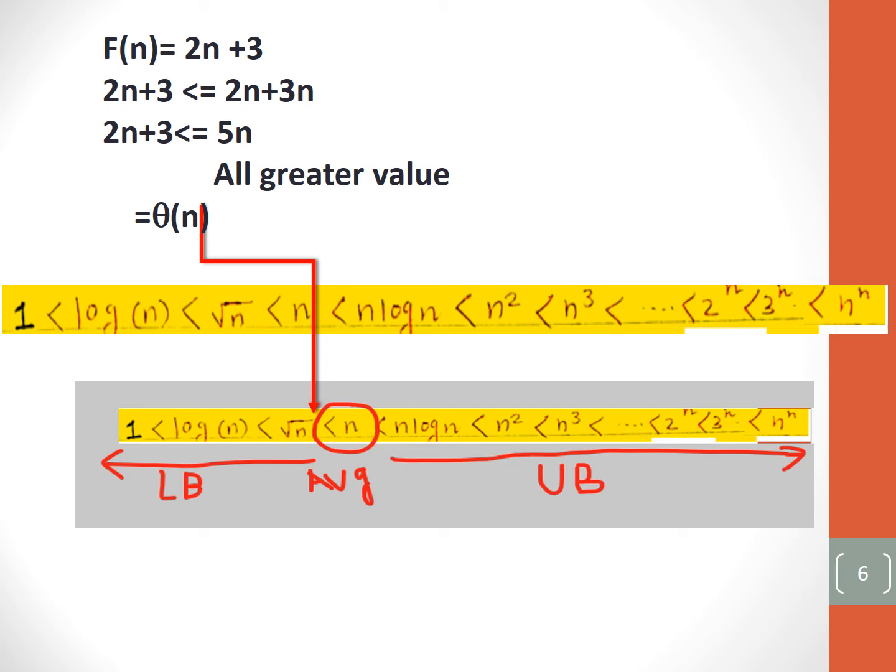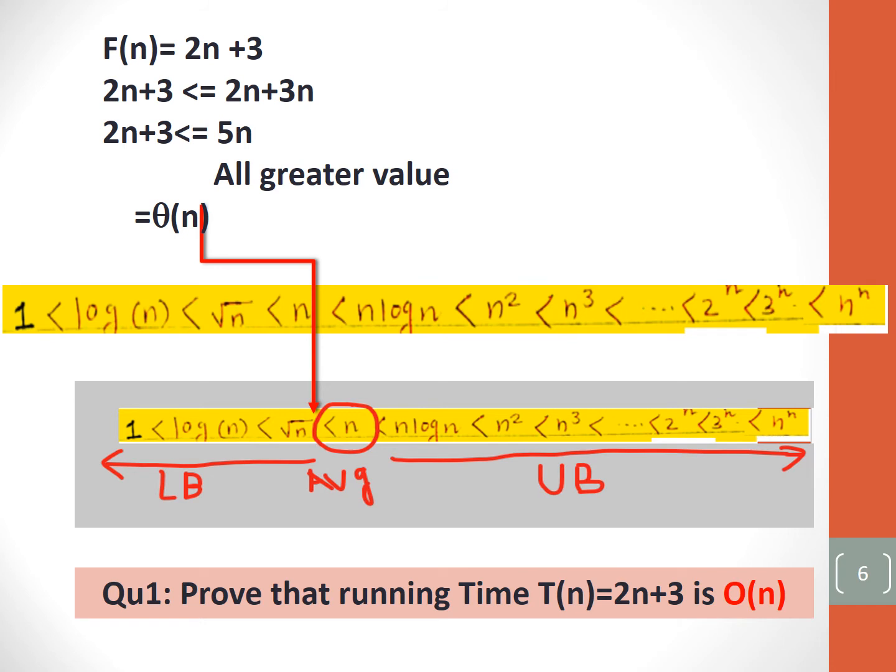So this way we have categorized O of n in 2 bounds: from n to the left the lower bound, and from n to the right the upper bound. So this is the value that we are achieving, that is big O notation. For 2n plus 3 it is big O of n.